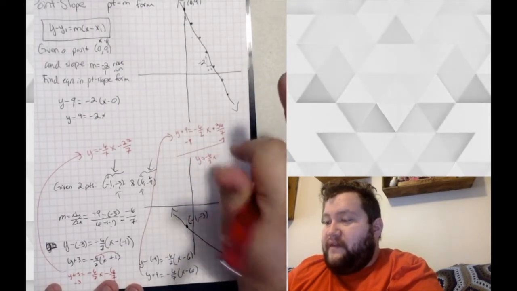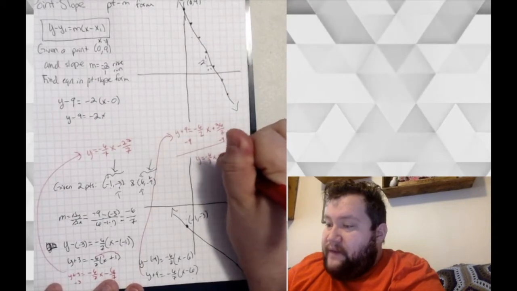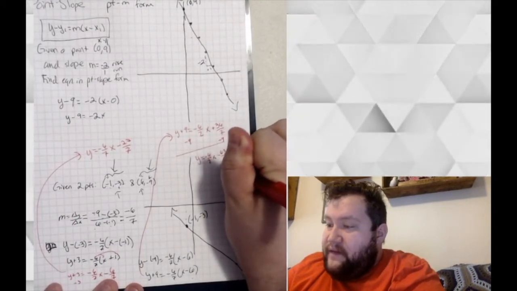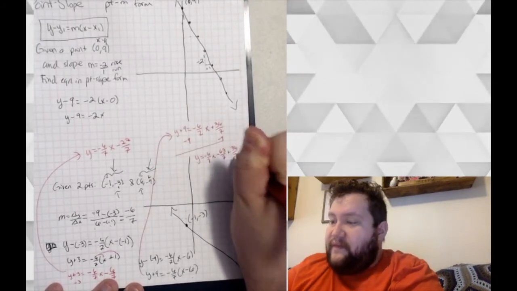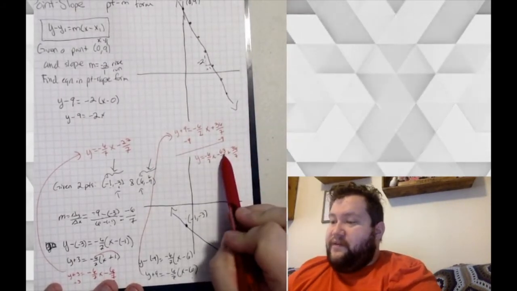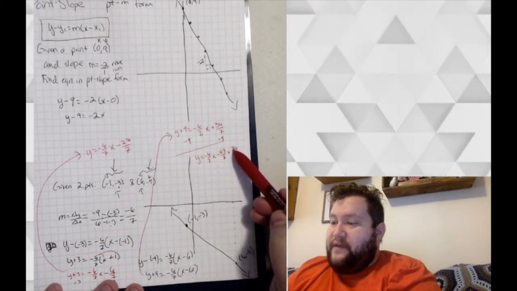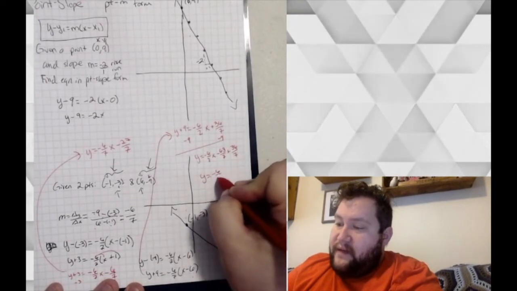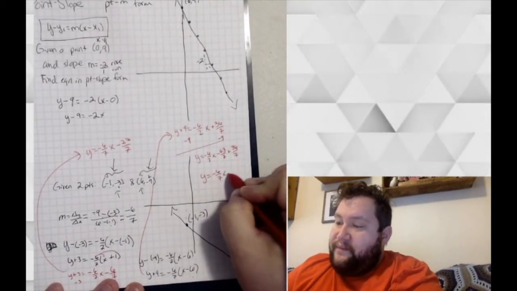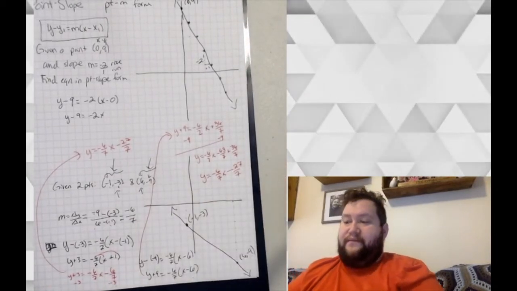So 9 sevens are 63. So we have minus 63 sevenths plus 36 sevenths. So 63 minus 36 is 27. So y equals negative 6 sevenths x minus 27 sevenths.